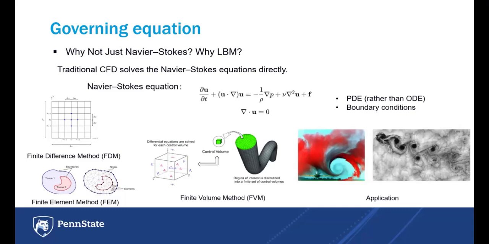The traditional methods like FDM, FEM, FVM solve the Navier-Stokes equations directly, but the Navier-Stokes equations describe a temporal and spatial evolution of density, momentum, and energy.